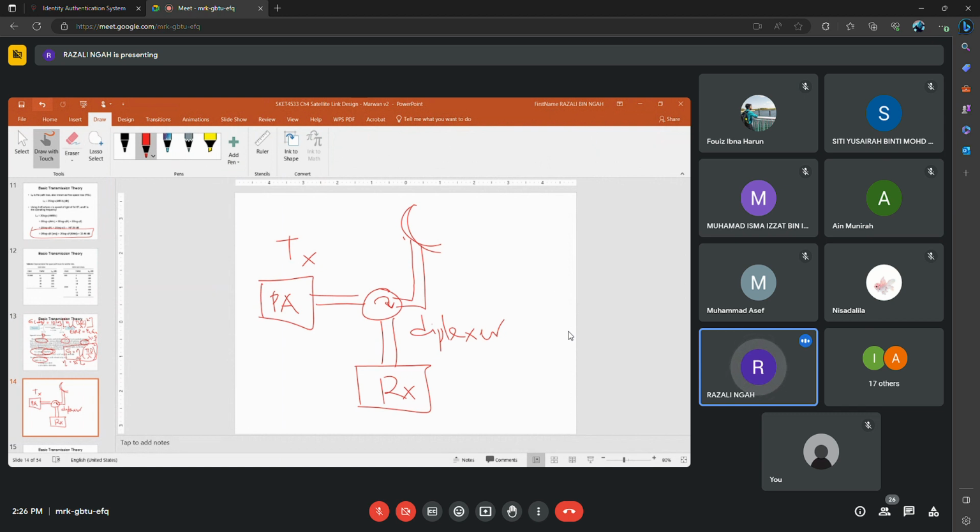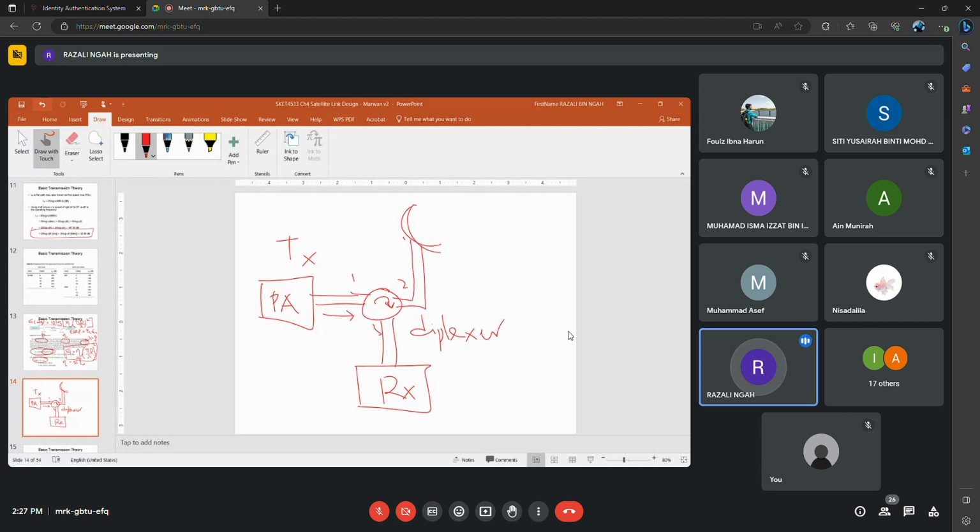So from the power amplifier, the signal goes this way, and when the signal enters one port of this duplexer, the signal will exit at the next port. Let's say port 1, port 2, and port 3.